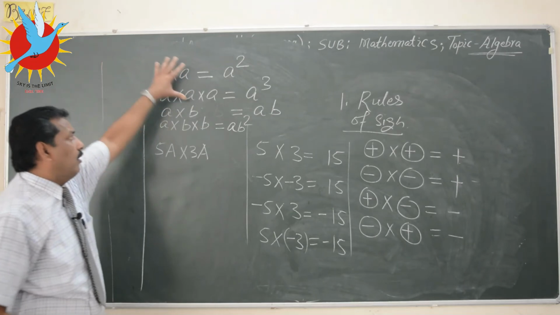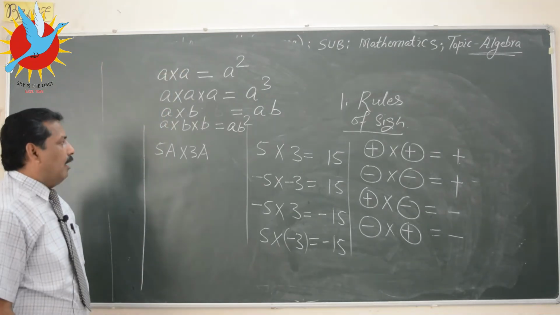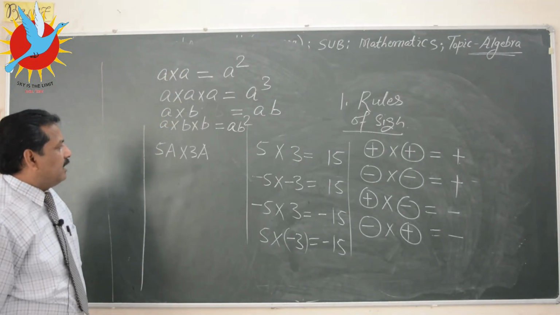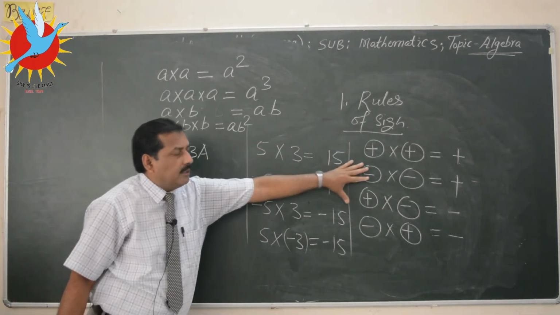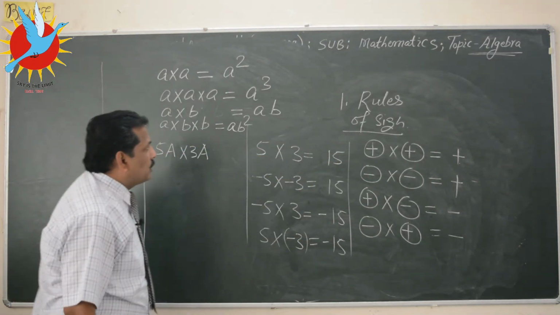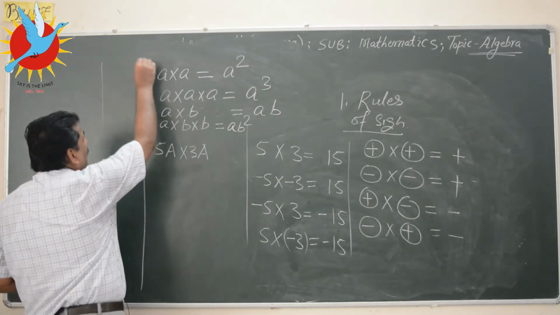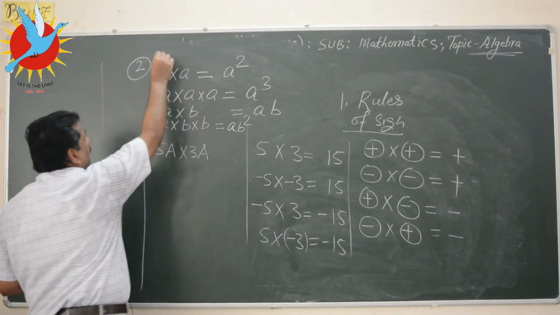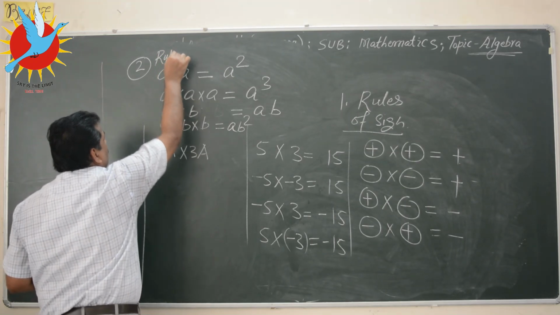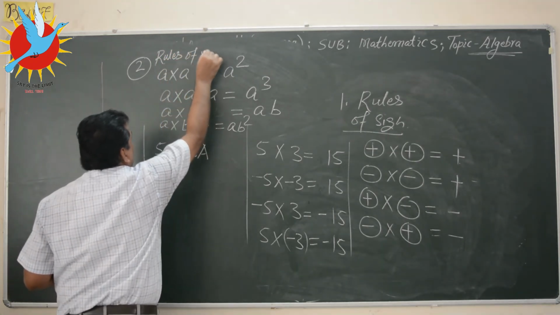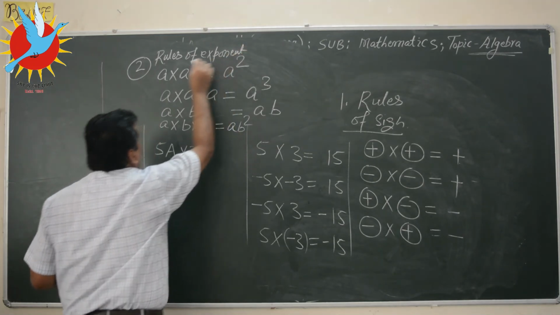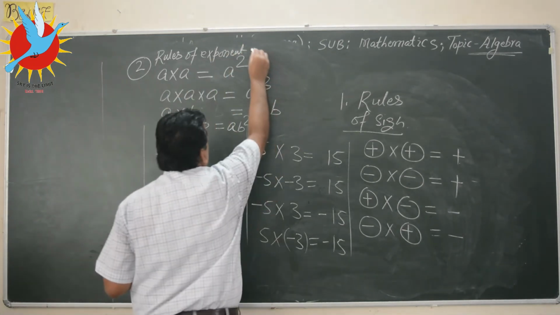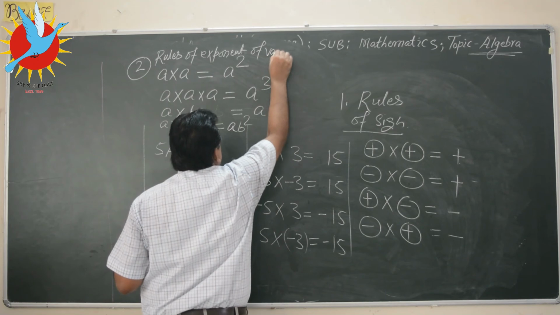So you have to follow this concept in multiplication of algebraic expressions, and regarding rules of sign you have to follow the earlier rule. So this is the second set of rules, rules of exponents of variables.